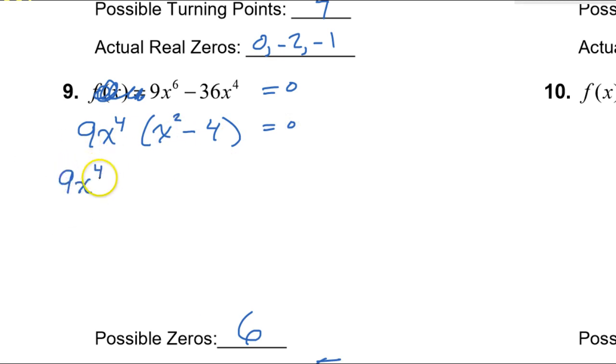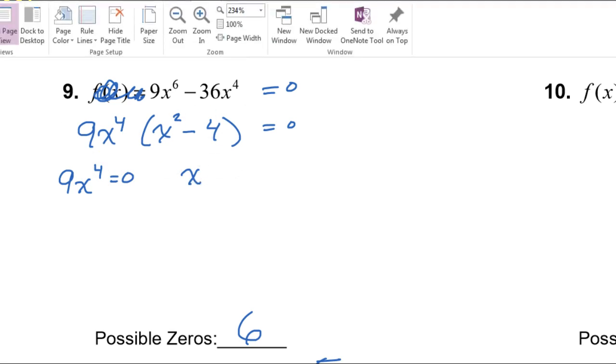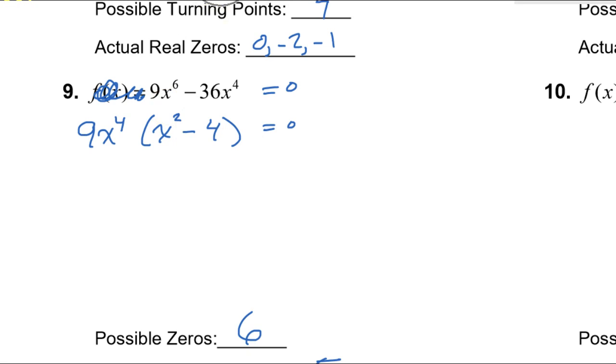So 9x to the 4th power equals 0. You know, I could just factor this more, actually. This is the difference of two squares, so I think most of you would probably notice that and just factor this down further as x plus 2, x minus 2.